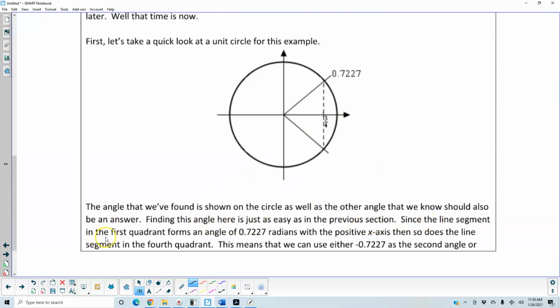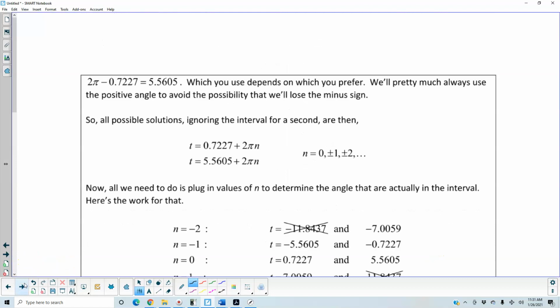Since the line segment in the first quadrant forms an angle of 0.7227 radians with the positive x-axis, then so does the line segment in the fourth quadrant. This means that we can use either negative 0.7227 as the second angle, or 2 pi minus 0.7227, which is equal to 5.605.